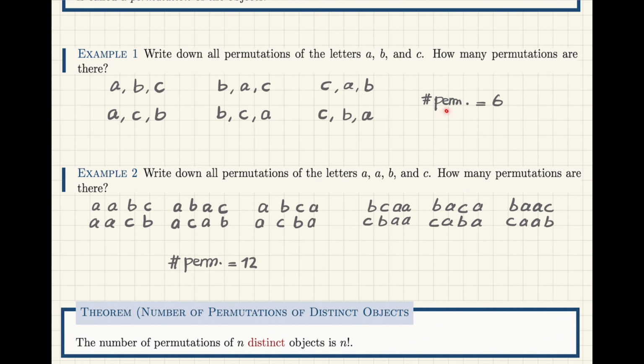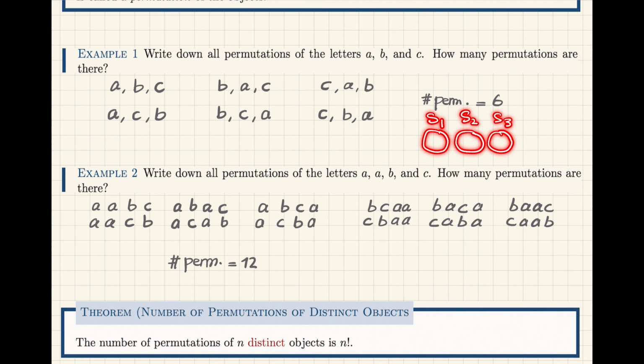For example, let us consider this particular case. If I want to write a permutation of these three objects, I am facing a three-stage task. So I can imagine that I want to fill up three positions, stage 1, stage 2, and stage 3. For stage 1, I have three options available.